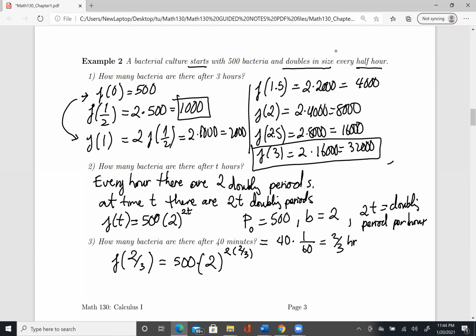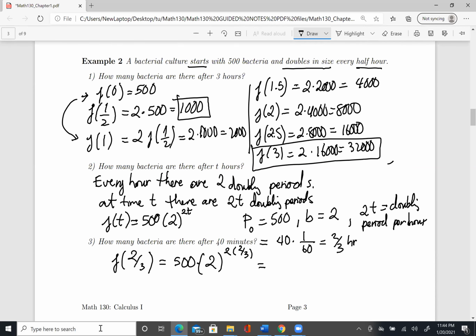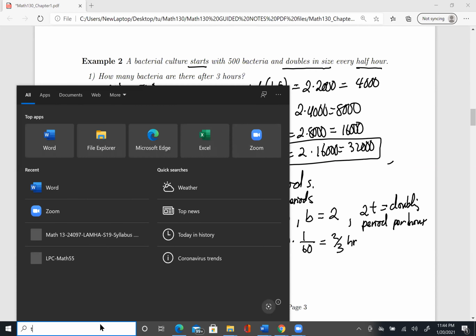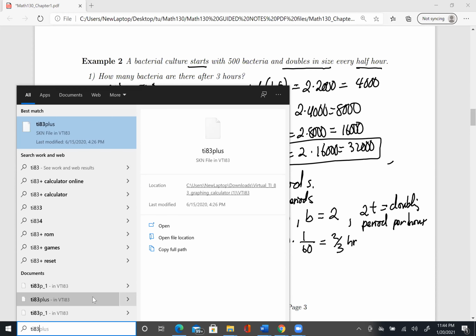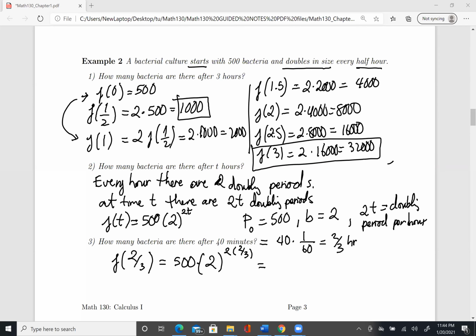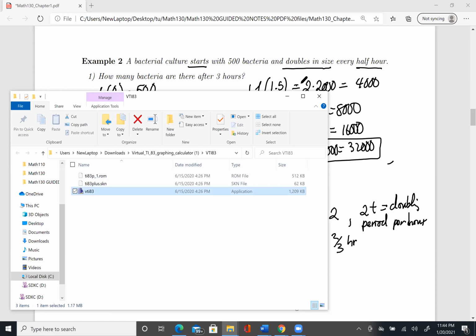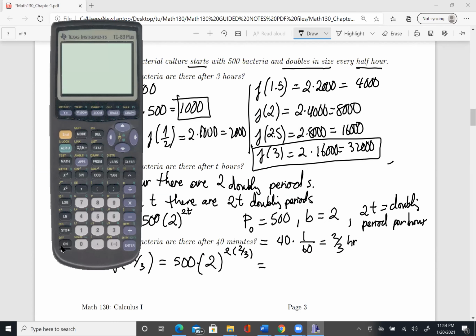Now you will use a calculator and try to do the operation correctly. Let me show you using the TI-83. This is the way you do it with the TI-83.